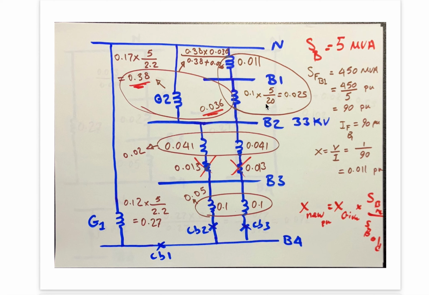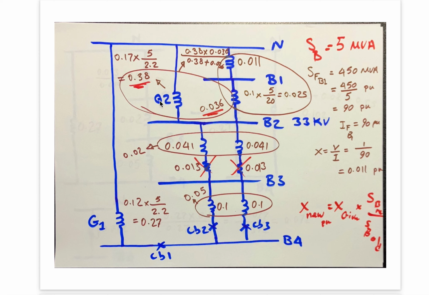20 MVA is the capacity of this transformer. So we multiply the given reactance by the new base power, 5, divided by the given power, 20 MVA. For the generator, if you look at the paper, you see the reactance of G2 is 0.17 or 17%.